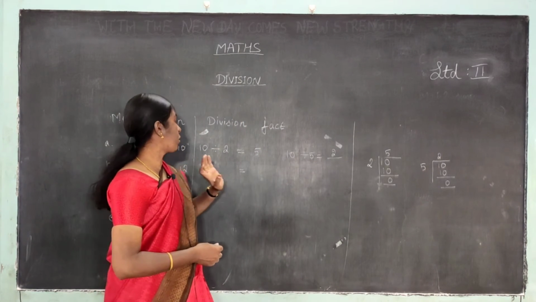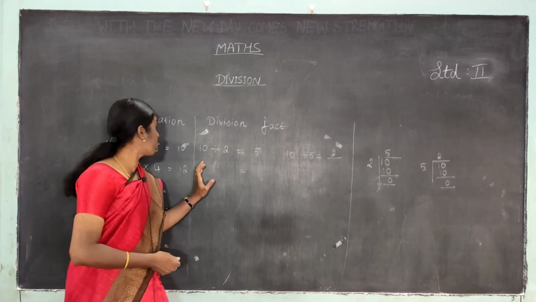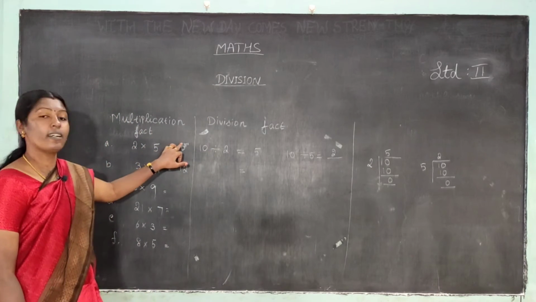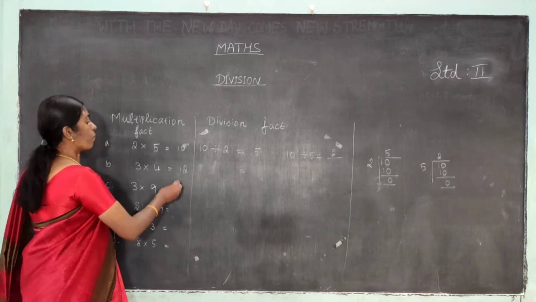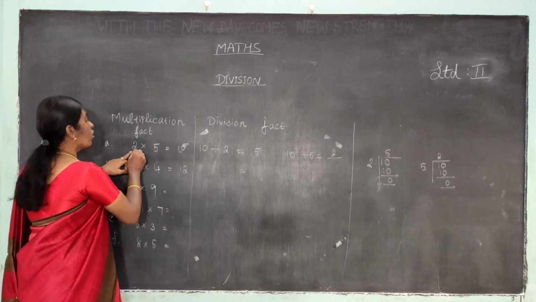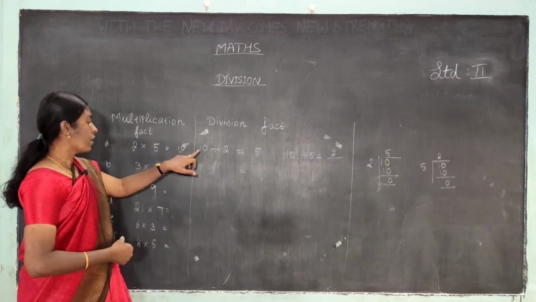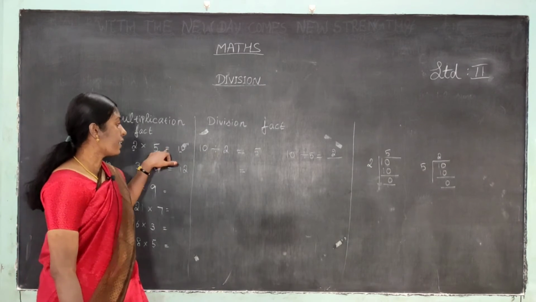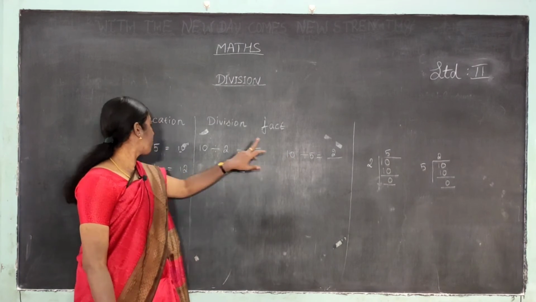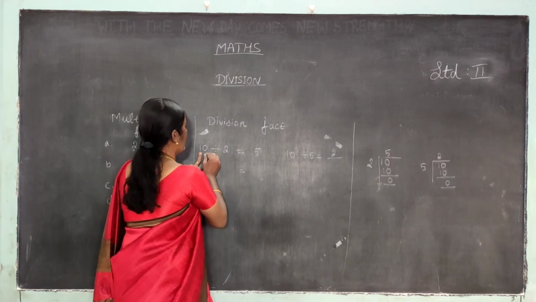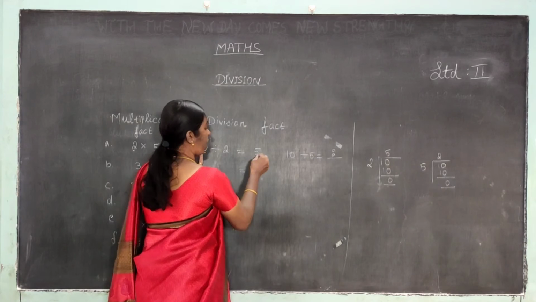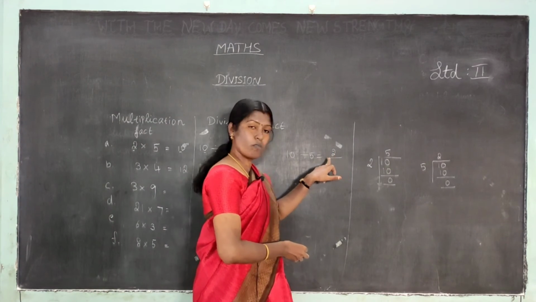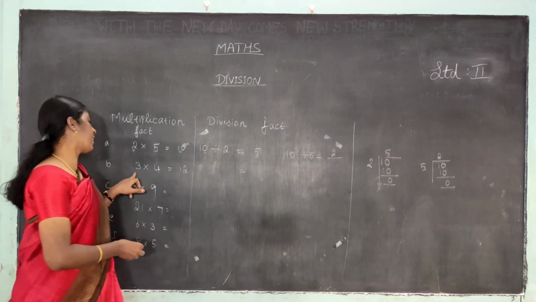Okay, that is 5 2s are 10. You see, that is the relation between multiplication and division. First 2 5s are 10. So when you divide 10 by 2 also, 5 will come. Next, 10 divided by 5 means what? 2.